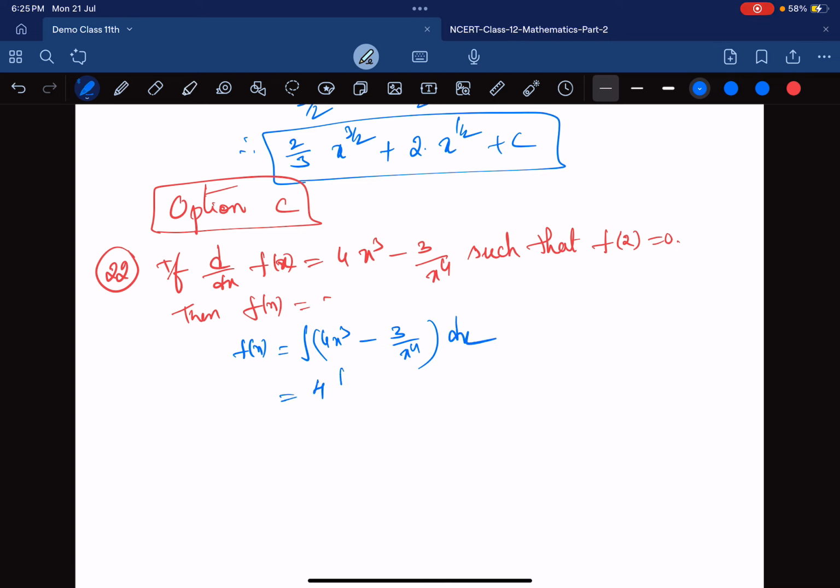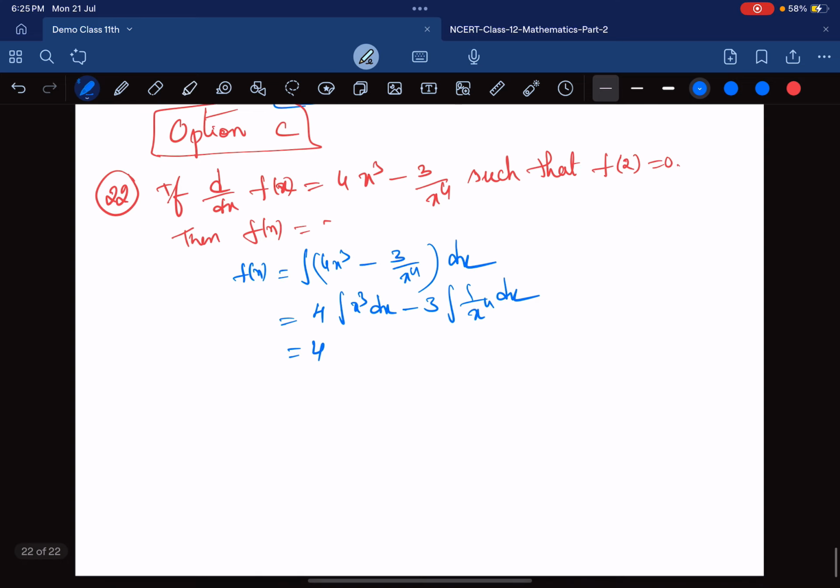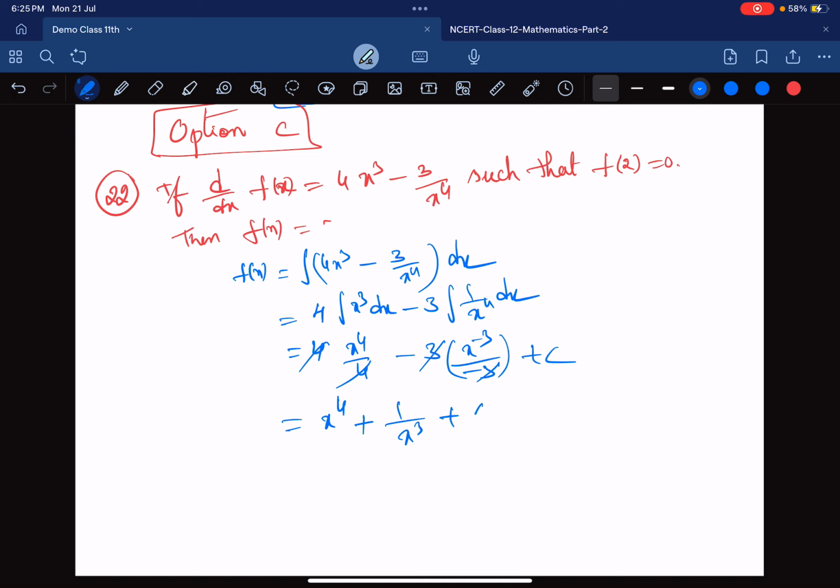So it becomes 4 times integration of x cube dx minus 3 times integration of 1 by x power 4 dx. So 4 times x power 4 by 4 minus 3 times x power minus 3 by minus 3 plus c. 4 gets cancelled, 3 gets cancelled. So x power 4 plus 1 by x cube plus c.